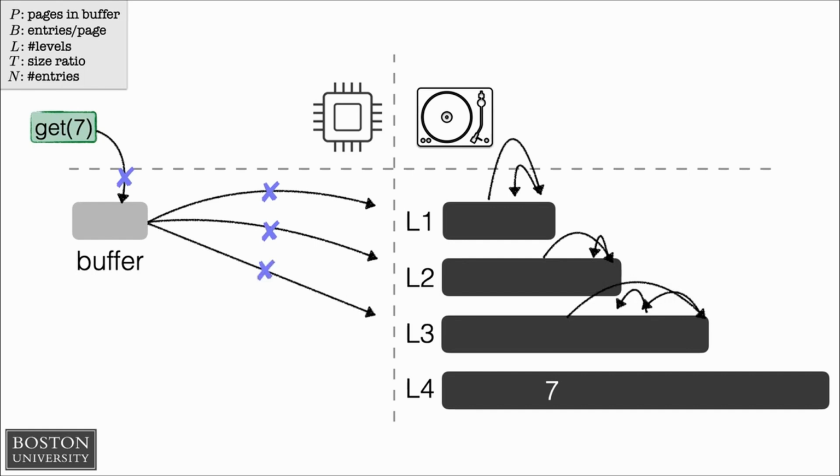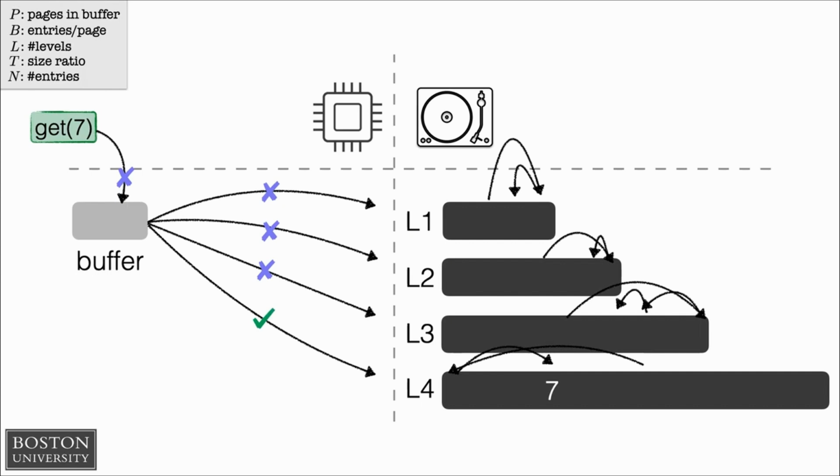And we'll do this even if we don't have the value in any of the levels, because we don't know which levels might contain 7, as long as the minimum and the maximum of every level contains 7. All right. So eventually here we're going to go to all 3 levels. We're going to find nothing, and when we go to level 4, our binary search will actually get us the key that we're looking for.